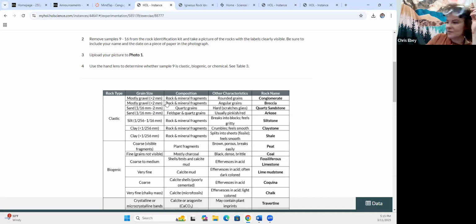So where is a ruler? I know I have one in my drawer. Hang on a second.